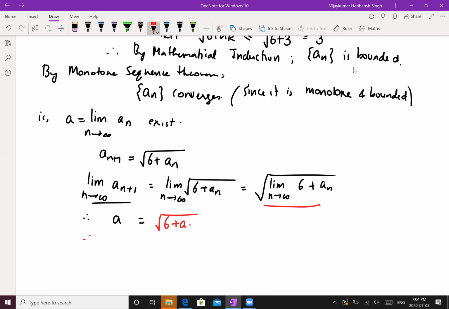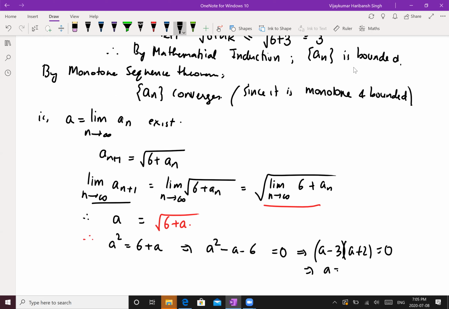Squaring on both sides, what do we get? We get a squared equals 6 plus a, which means a squared minus a minus 6 equals 0, which gives me (a minus 3) times (a plus 2) equals 0. This means a equals 3 or a equals negative 2.